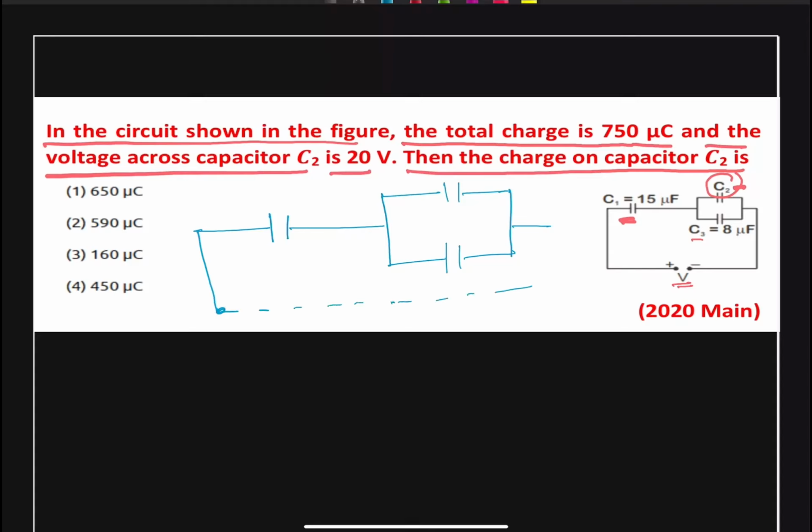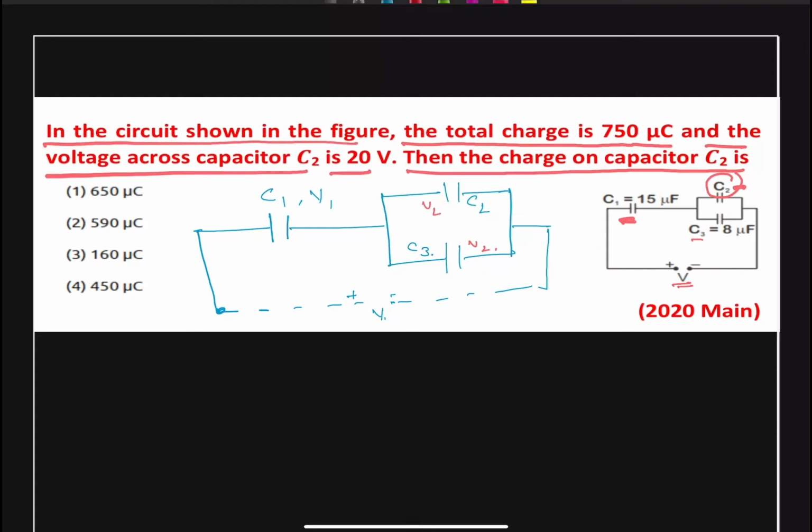So this is C1, C2 as well as C3, and the voltage source with plus and minus. Let us assume that the voltage drop across C1 is V1, and C2 and C3 are in parallel, so the voltage drop across both will be the same. Across C2, let us call this V2. Similarly across C3, that voltage drop will also be equal to V2.